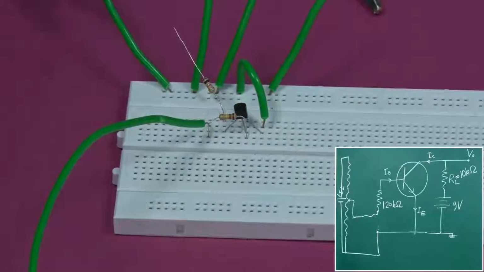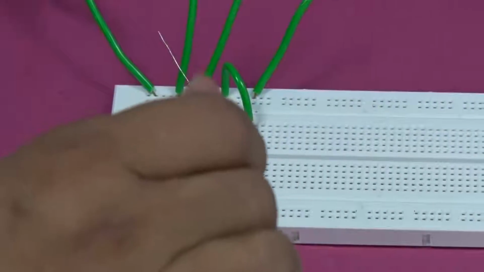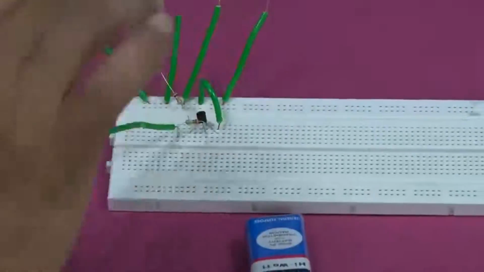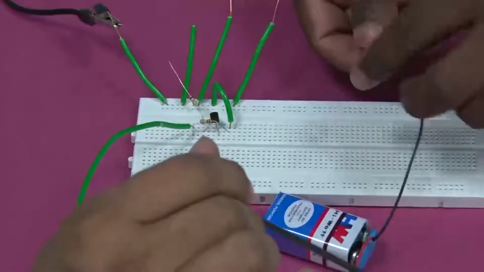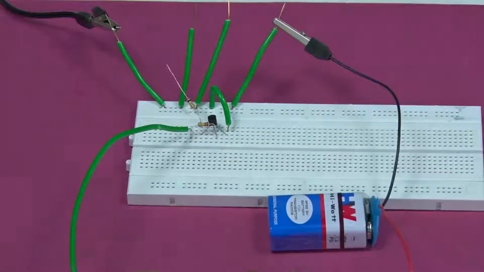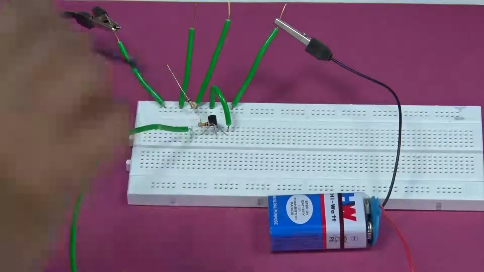So, let us make a 9 volt battery line. Where is the battery? Keep that 9 volt battery here. The negative of the battery should be connected to the ground. And the positive of the battery you can connect to somewhere, say here, you put a line.